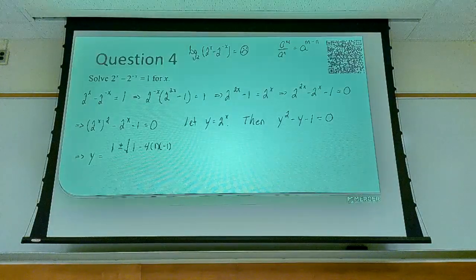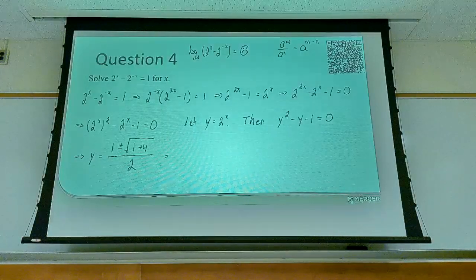A is 1, c is negative 1, so I'm just going to write that as plus 4. We get 1 plus or minus root 5, all over 2.